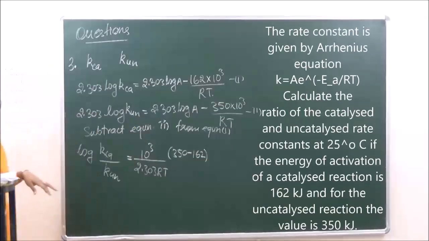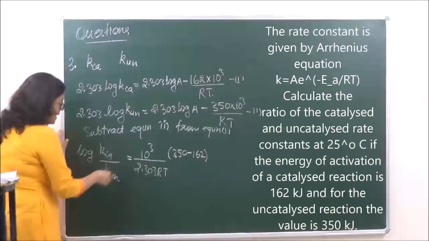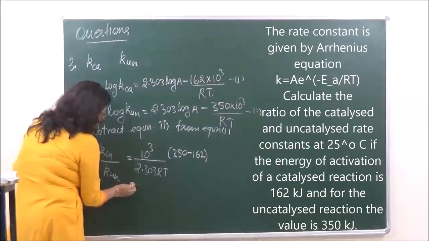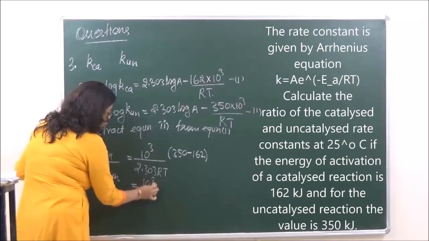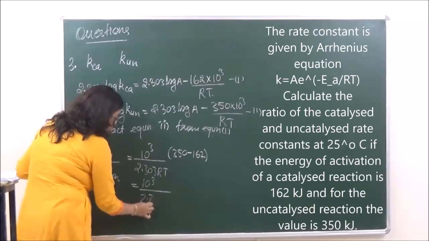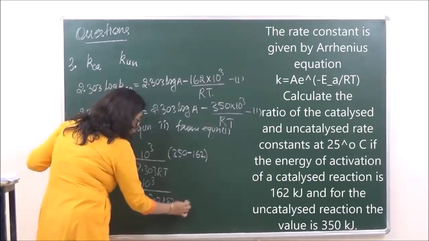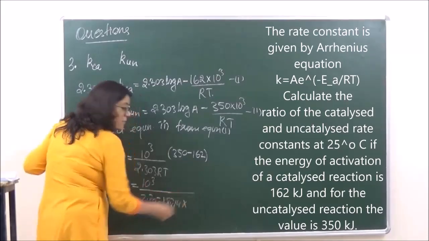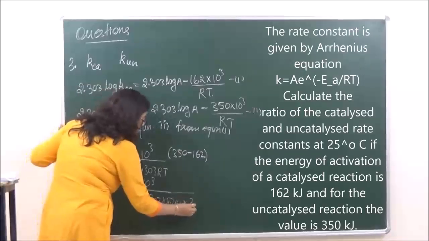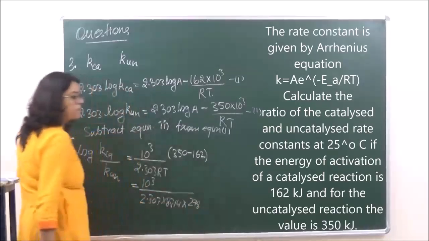Okay, so when we calculate this, put in the values: 10 raised to power 3 upon 2.303 into 8.314 into temperature, given as 25 degrees Celsius. So that is going to be 298 Kelvin.